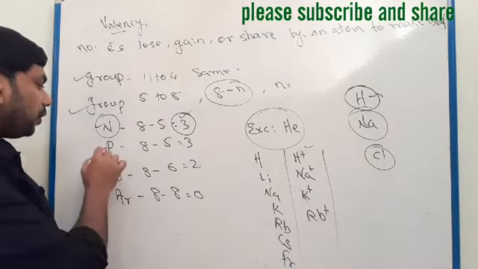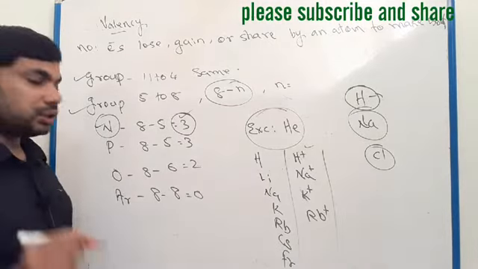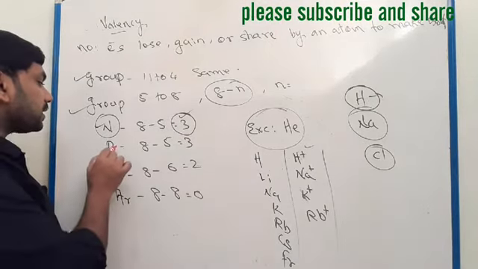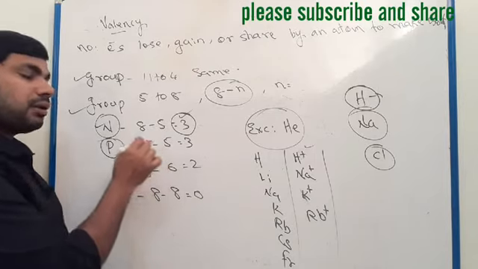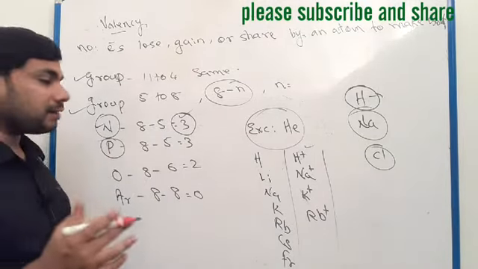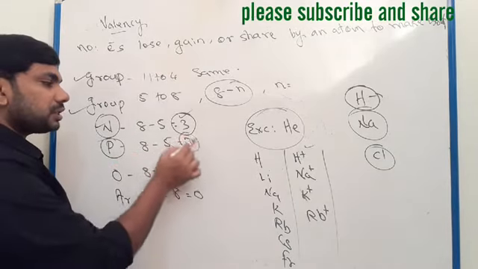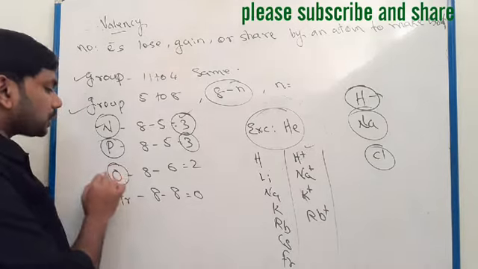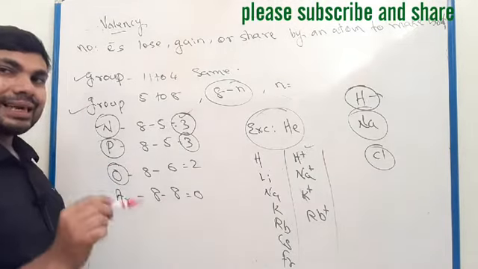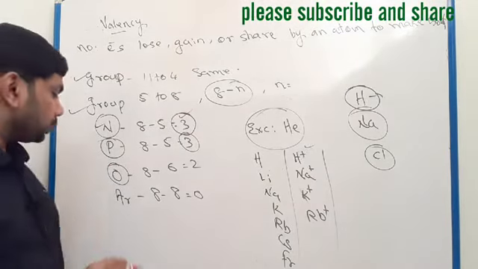And phosphorus, you want to find the valency of phosphorus. So 8 minus 5. Phosphorus is also group 5. So 8 minus 5, valency 3. Here oxygen is group 6, 8 minus 6, valency 2.